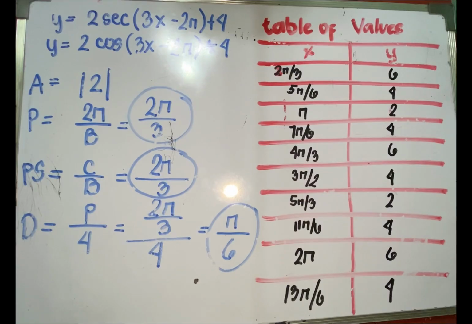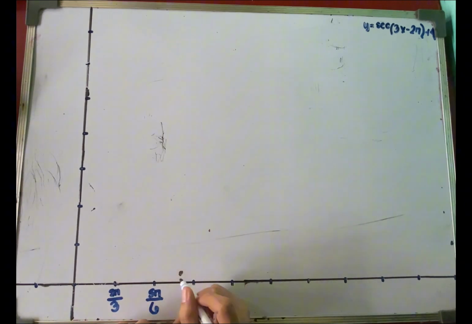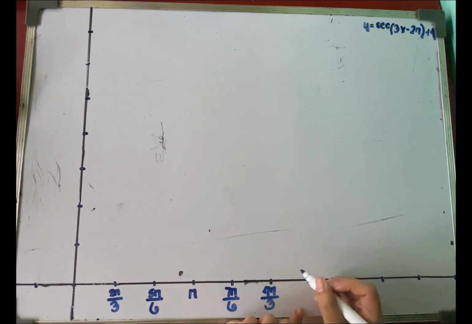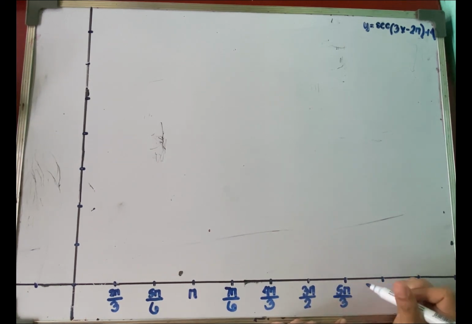Since we're done with our table of values, we can now move to our graphing. We have to write all the x here from 2 pi over 3 to, and for our last is the 2 pi.